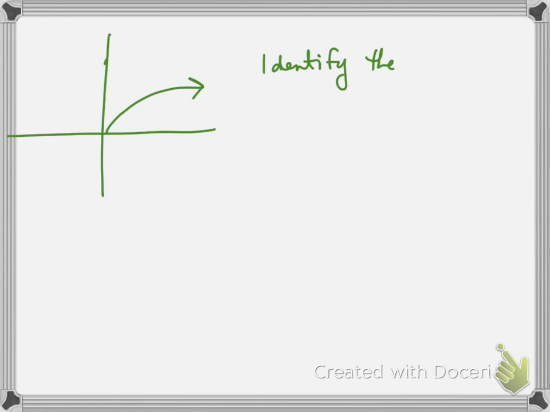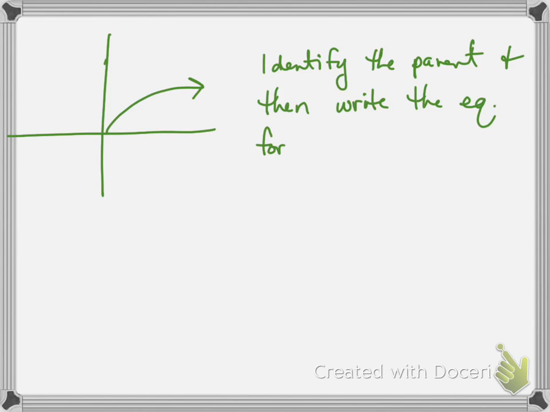All right, and then the back sheet, worksheet 27, is kind of going the opposite way. They give you a graph, and they want you to identify the parent and then write an equation for the transformation.